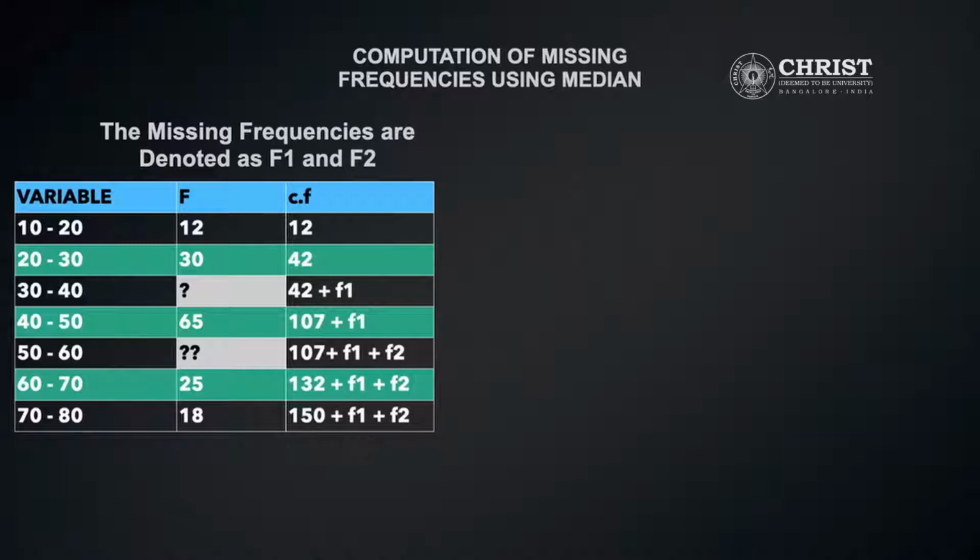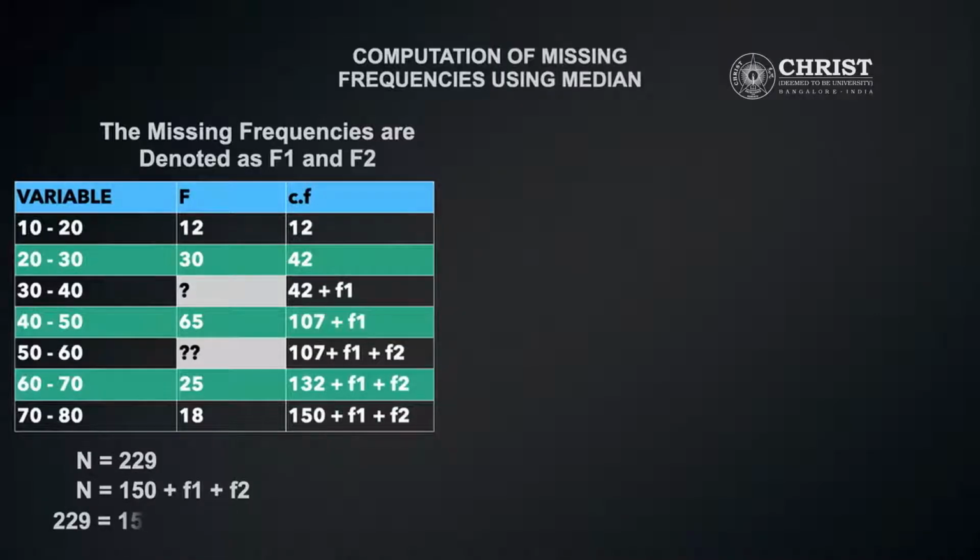Next is F2, which is not defined, so 107 plus F1 plus F2. Next is 25, that is 132 plus F1 plus F2. Next is 18, that is 150 plus F1 plus F2. Now the total frequency is 229, and the cumulative frequency total is 150 plus F1 plus F2.